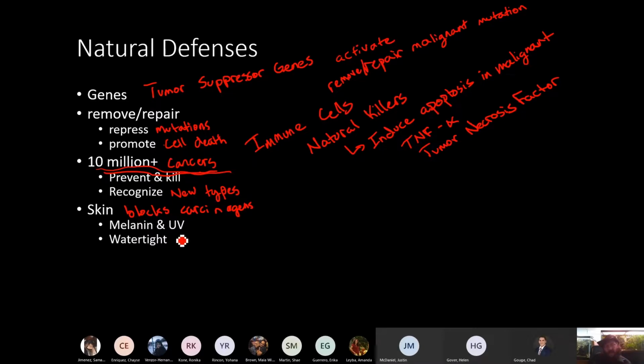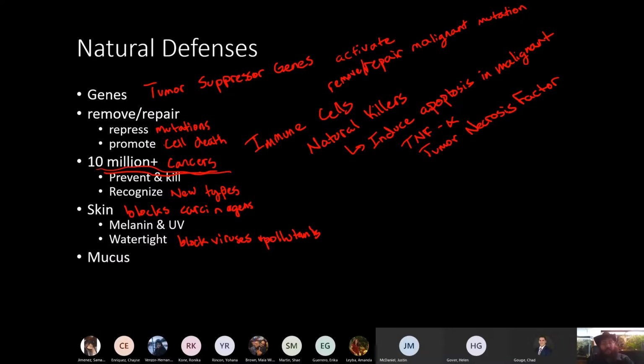So it can block viruses and pollutants. Like if you have to go through an area with a lot of asbestos, holding your breath goes a long way towards not getting cancer, which is pretty cool.